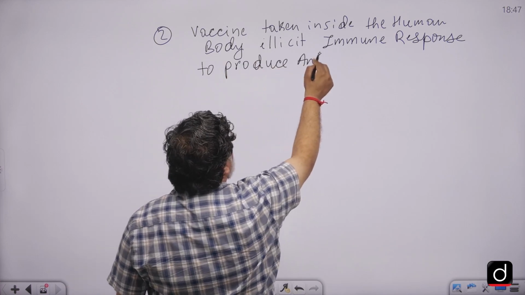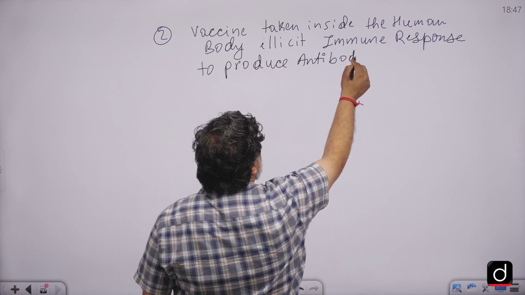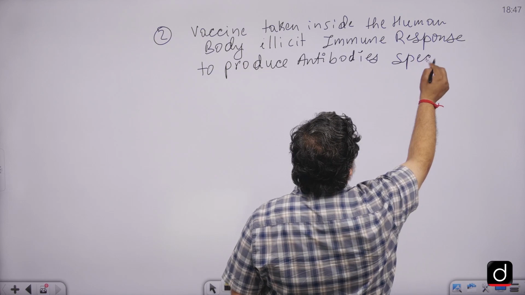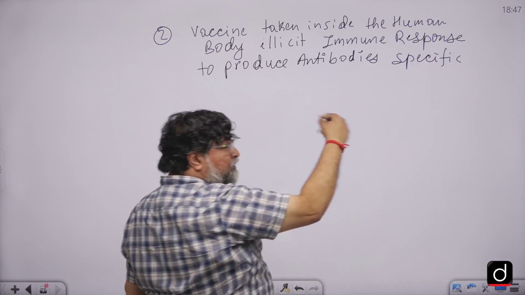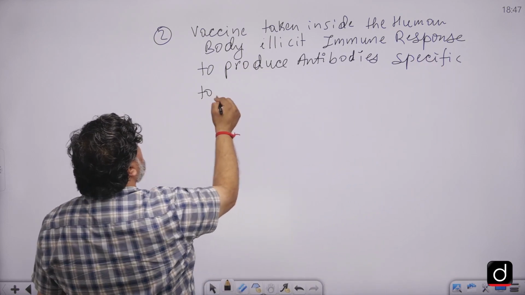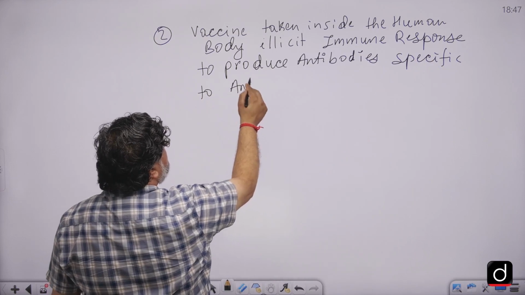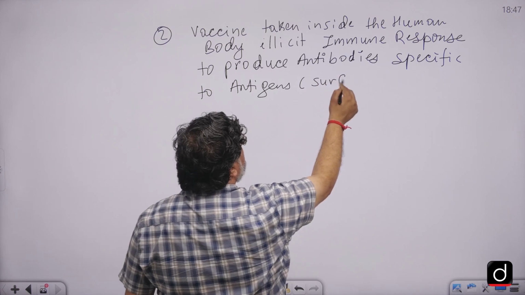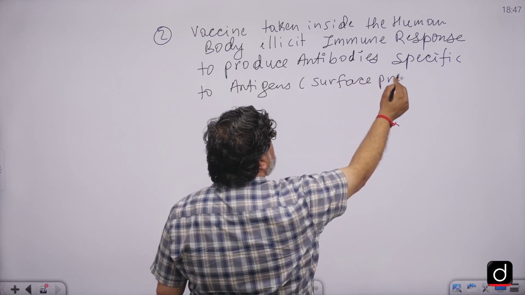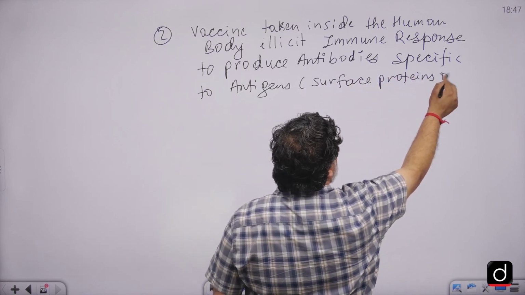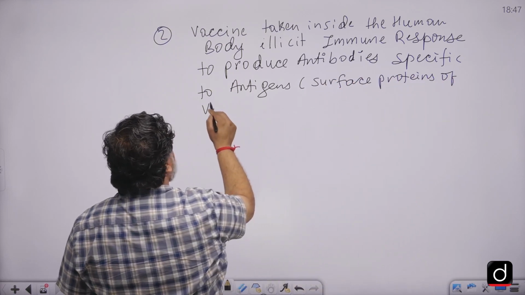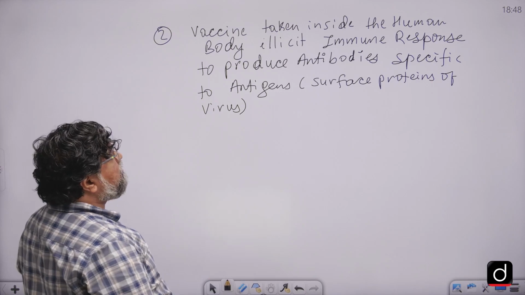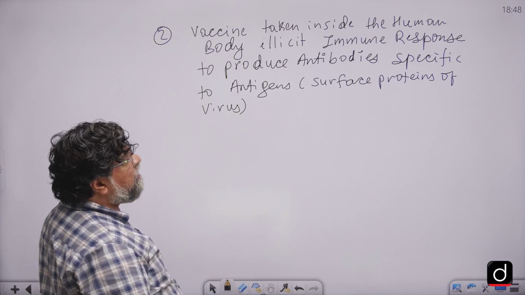This is again the biology part, which you are aware of: antibodies produced specific to antigens. Let's say here the antigens are the surface proteins of the virus, the COVID-19 virus, or any other virus for which we make a vaccine.